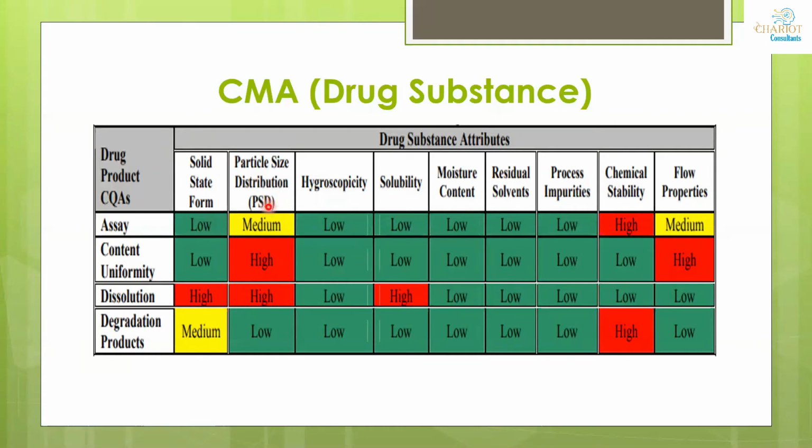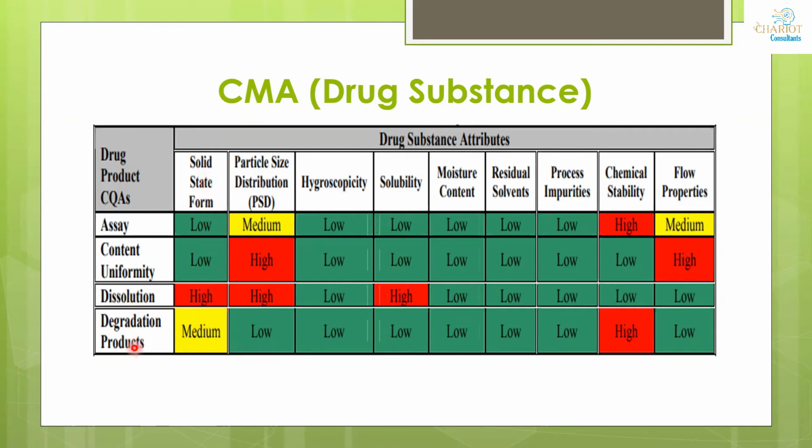Then we talk about dissolution. What are the attributes which are important to dissolution? For example, solid state form, or the polymorphic form. There are some polymorphic forms with different solubility, so if you change the polymorphic form, it can impact your dissolution. Similarly, particle size and solubility of the API will impact your dissolution.